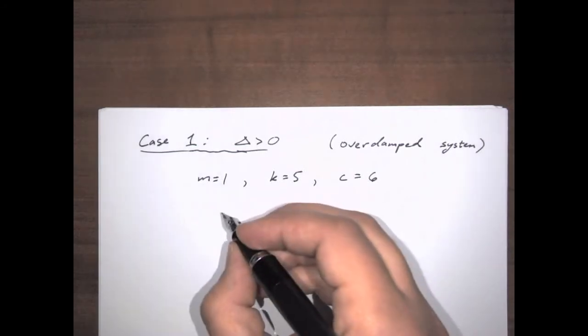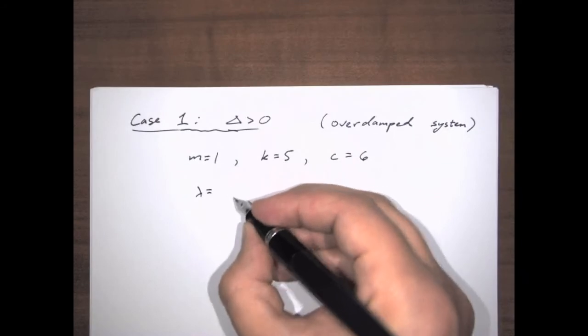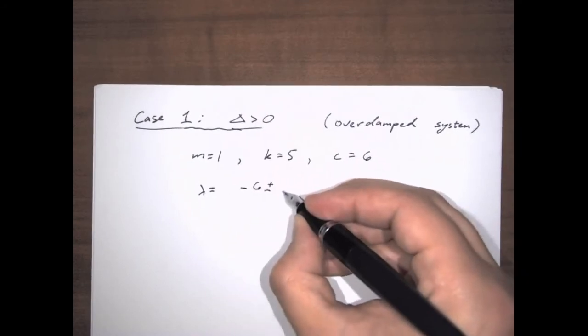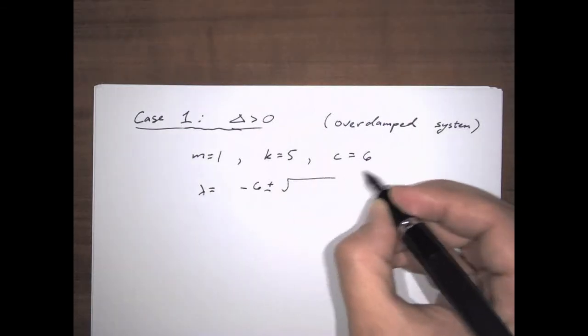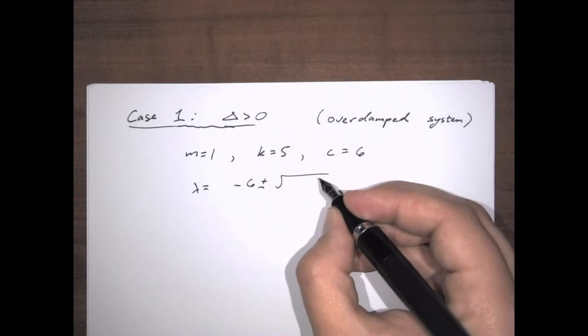So then lambda will be -6 plus minus, and here you can see why we know they're going to be negative from the way this all shakes out.